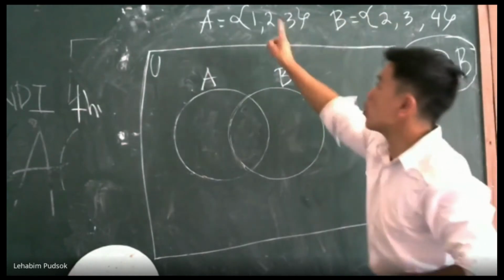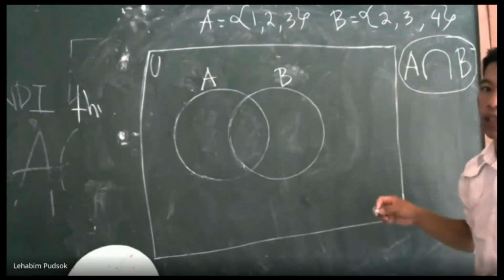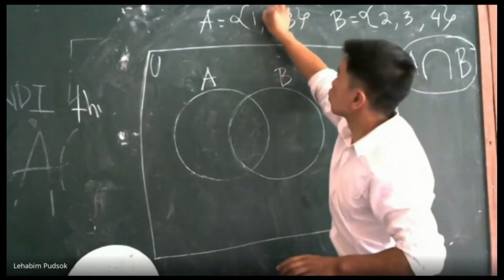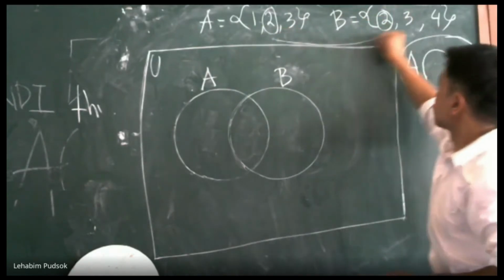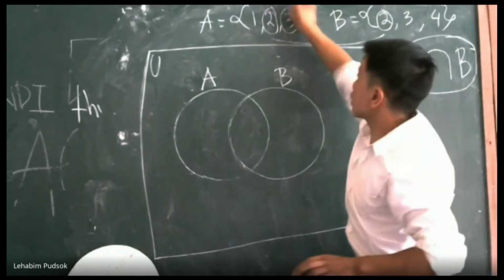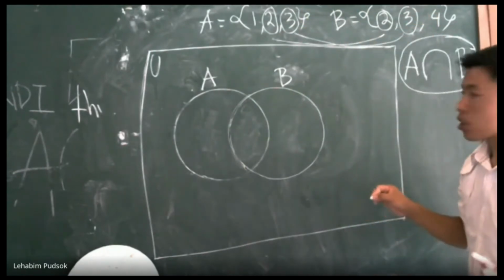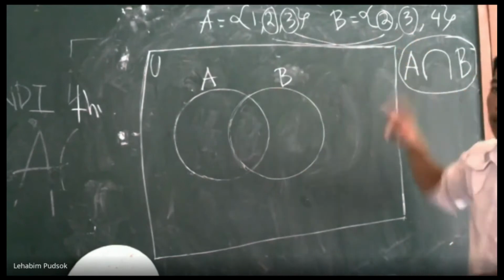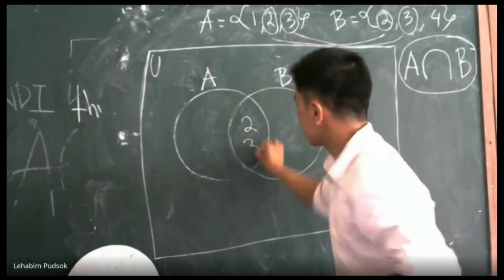So what are the common elements that you can see in set A and in set B? We have two in common. What else? We have three in common. So set A and set B intersect in the elements 2, 3.